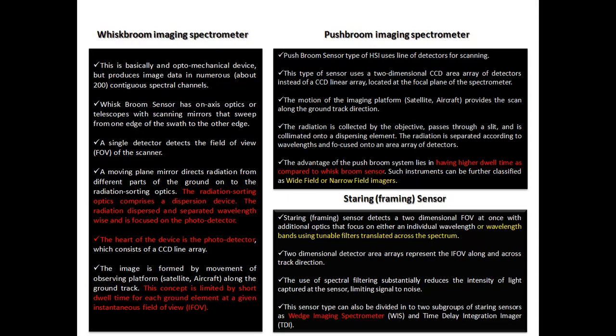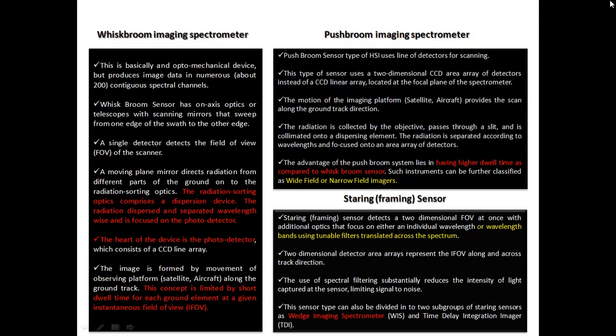In the case of the Whiskbroom, the energy is directed to the radiation sorting optics, but in the case of the Push-Broom, the energy passes through a slit and is collimated onto the dispersing element. And lastly, in the case of the Whiskbroom, the dwell time is very short, and in the case of the Push-Broom, the dwell time is very high.